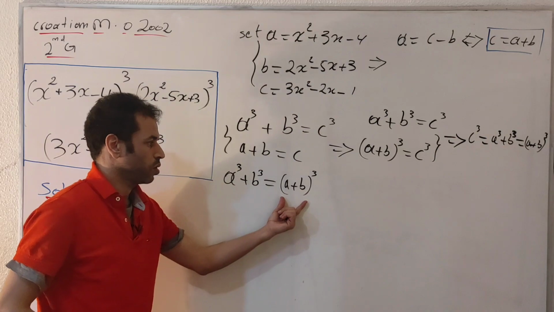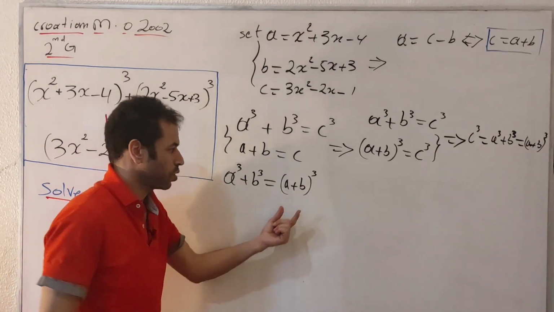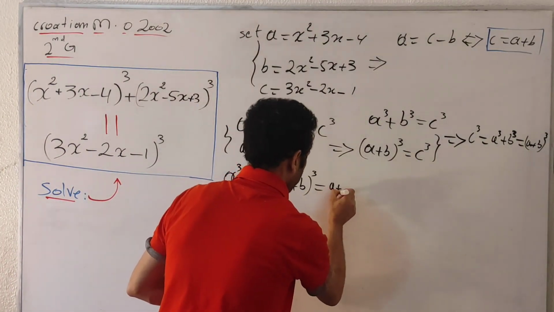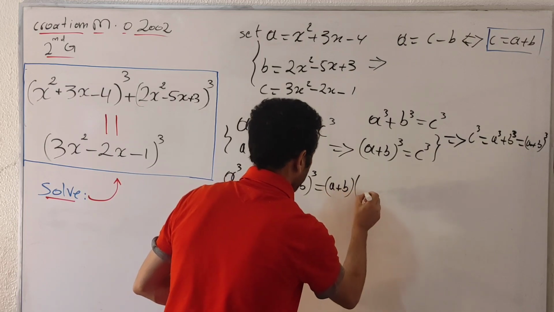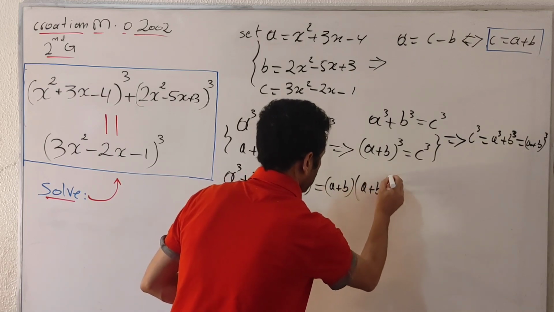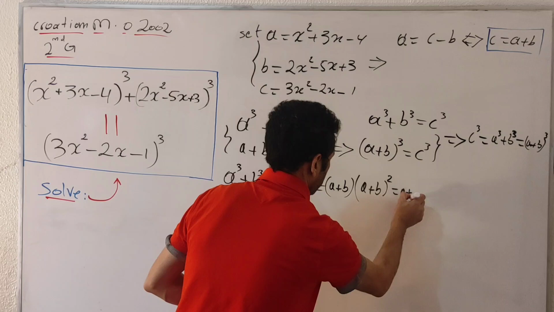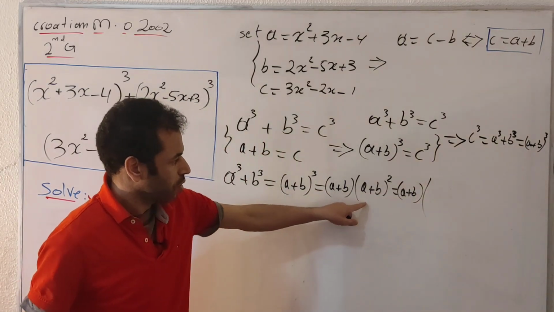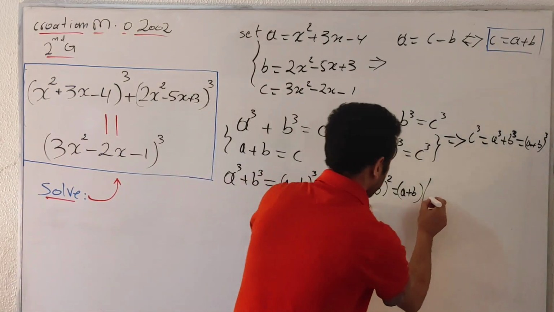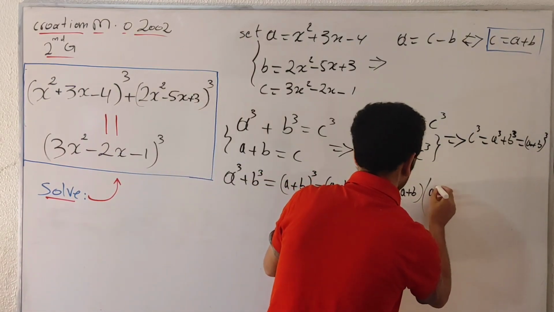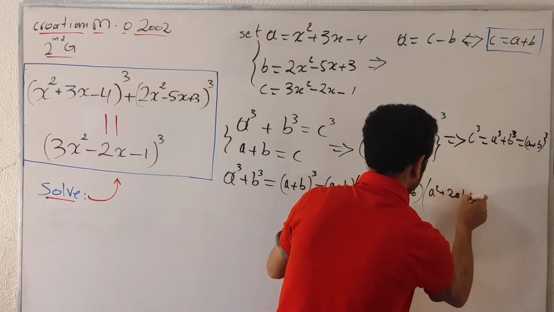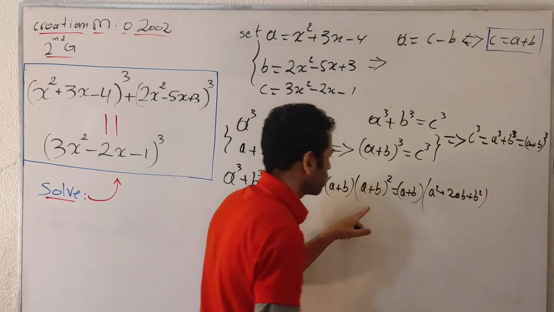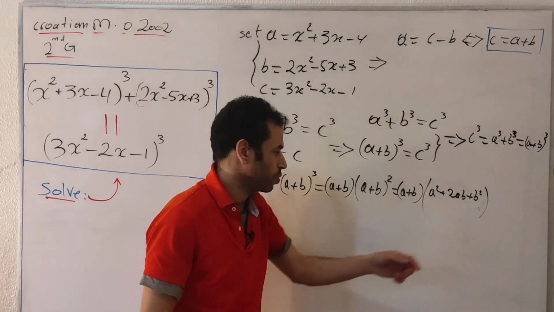I'm going to factor this out, so we'll have A + B multiplied by (A + B) squared. So I'm going to factor this term out. We'll have A² + 2AB + B². Also distribute this term by this term.